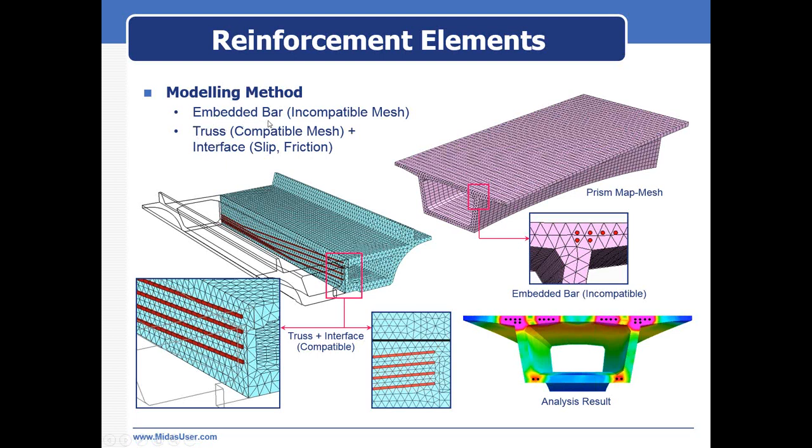In the first method, the rebars can be defined as embedded bars and they don't need nodal connectivity as shown here. The other method is to model the reinforcement as truss elements with interface defined all along it. For the second method, we need to have the nodal connectivity. So the engineers could choose which method they want. Embedded bar is the most commonly used one.